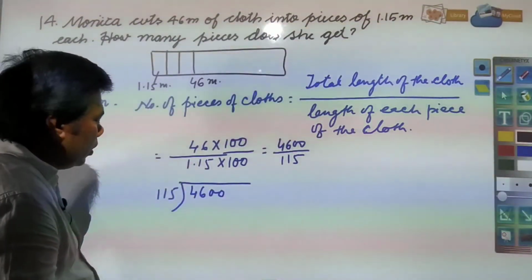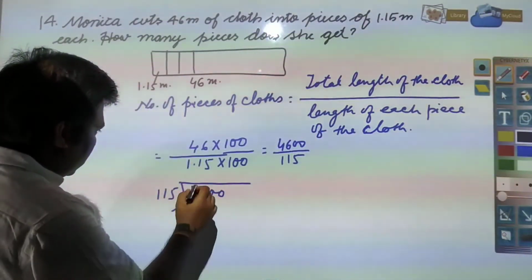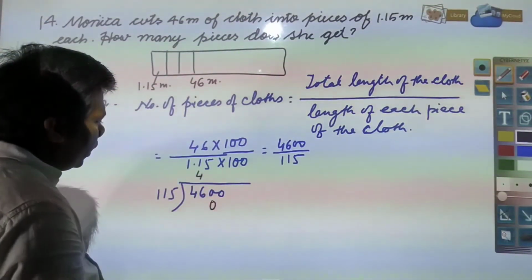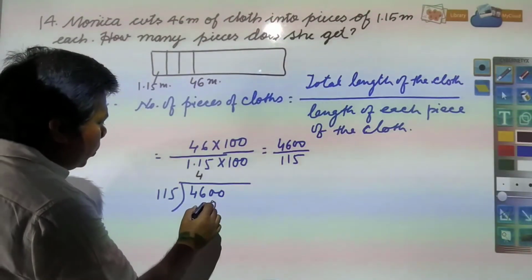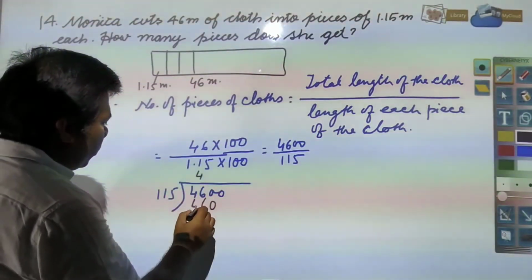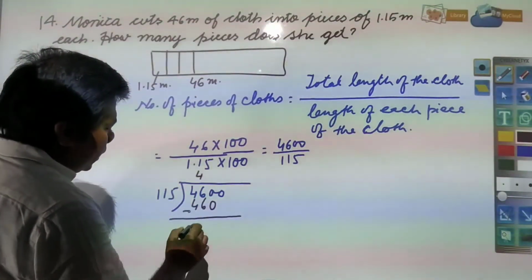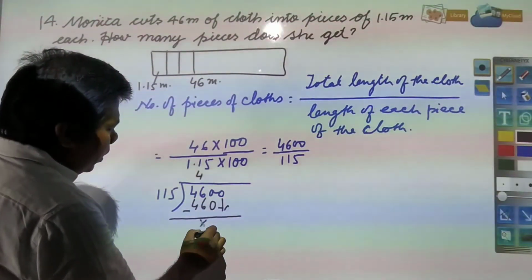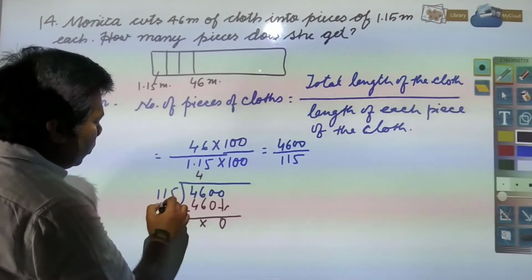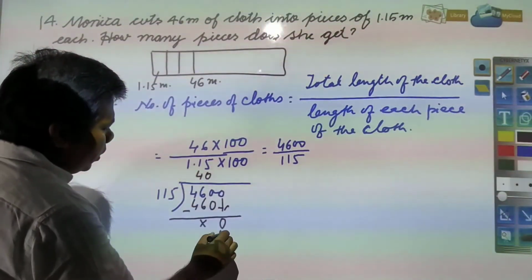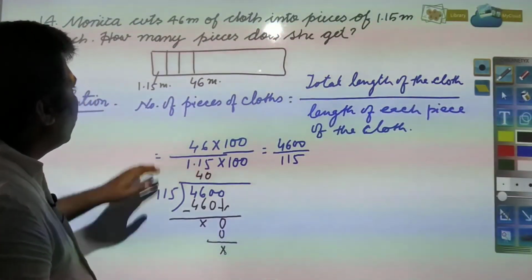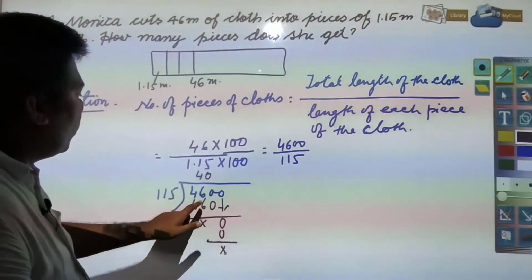What will you get? 4 times it will go. 4 5s are 20, 4 1s are 4 and 2 is 6, 4 1s are 4. Minus, you will get 0, and the next digit 0 will be taken down, so 115 0s are 0. So finally you will get 40. So the number of pieces of cloth will be 40.